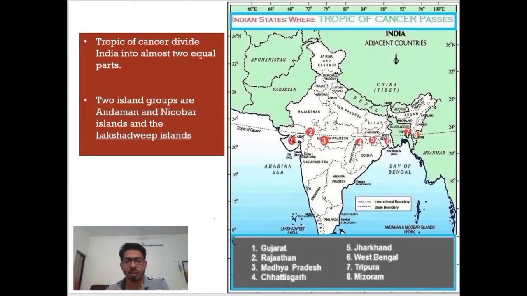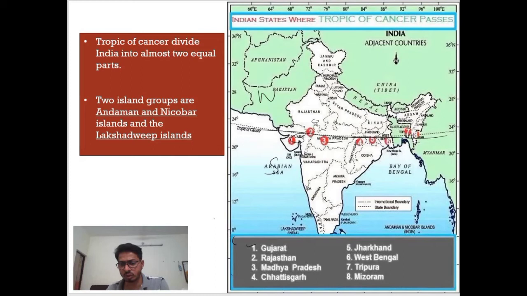Next, it is given that the Tropic of Cancer divides India into almost two equal parts. You see, the Tropic of Cancer is passing through the center of India, dividing it into Northern and Southern India. Which are these states?